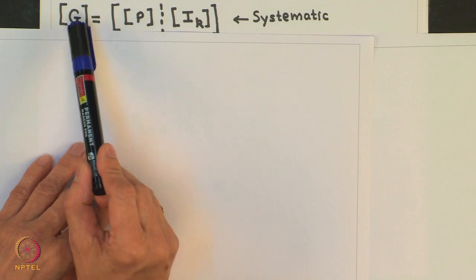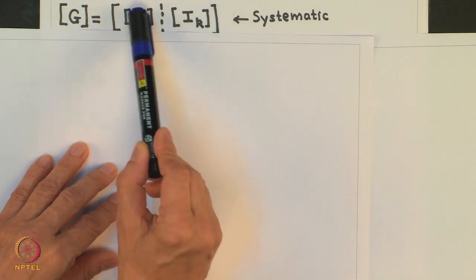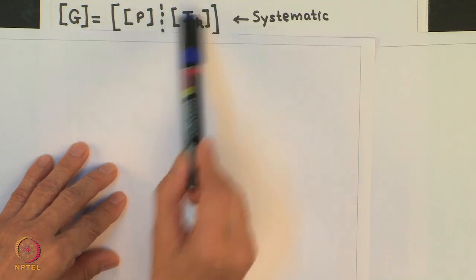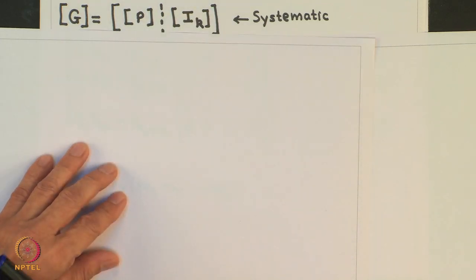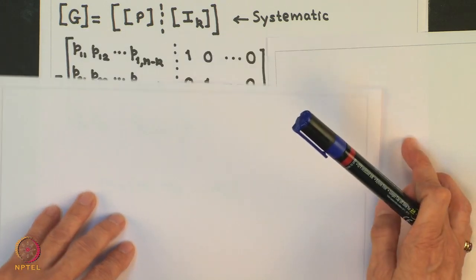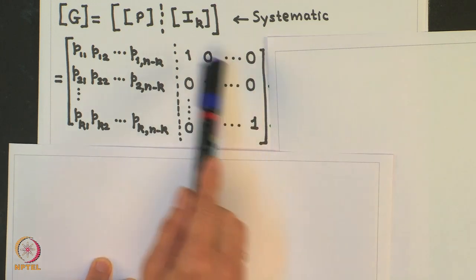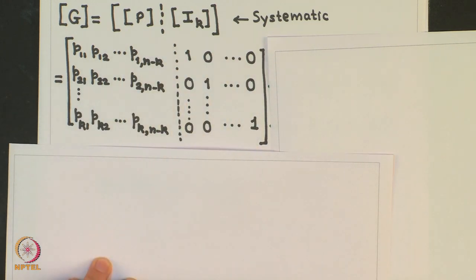The generator matrix of such a linear code is expressed as shown here on the slide. So, this is the parity array and this is the identity matrix of size k by k, and the matrix G is of this form.